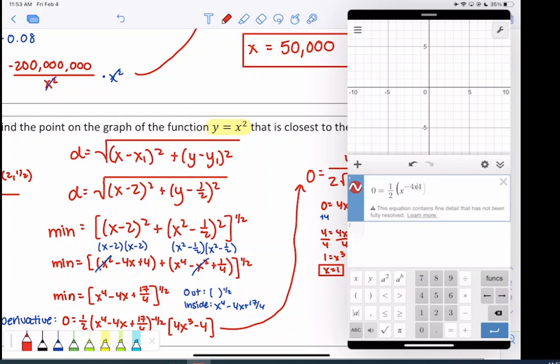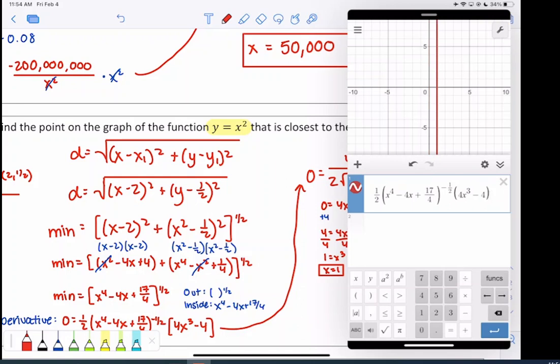minus 4x plus 17 fourths to the negative 1/2, all multiplied by 4x to the third minus 4.